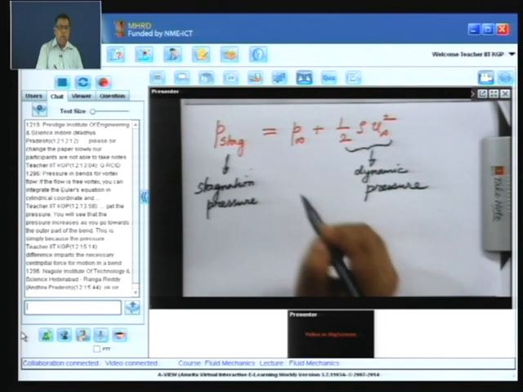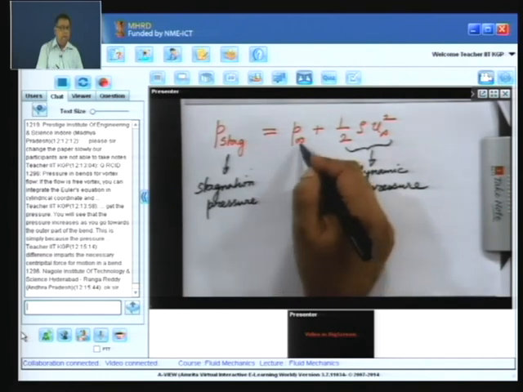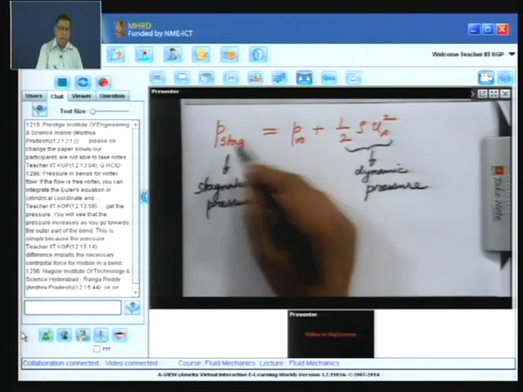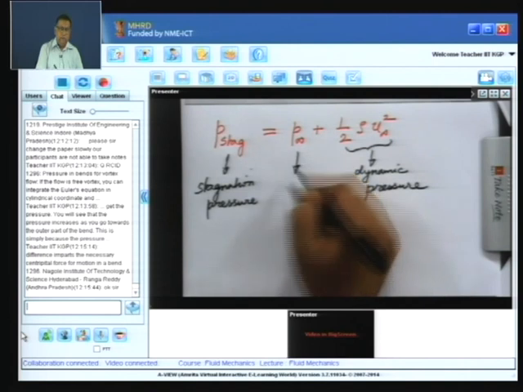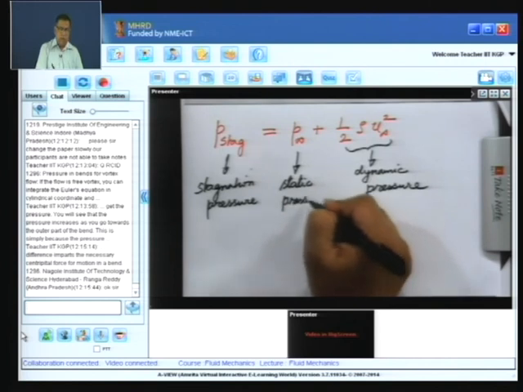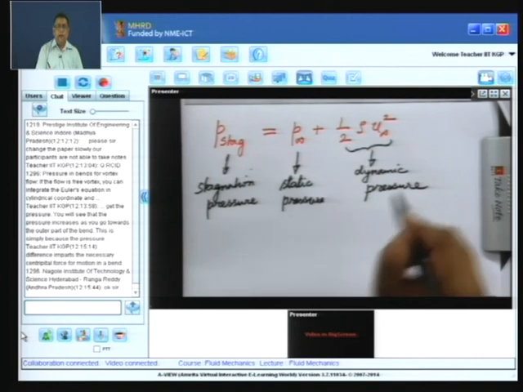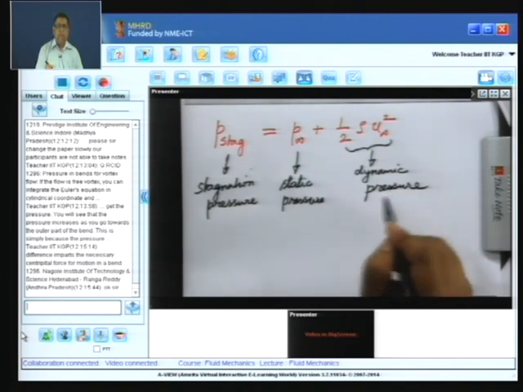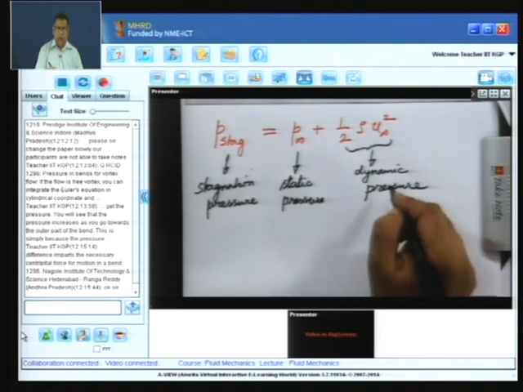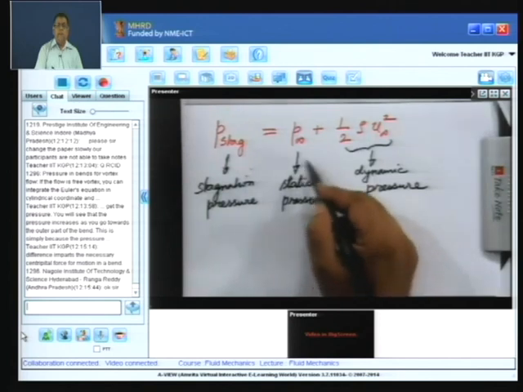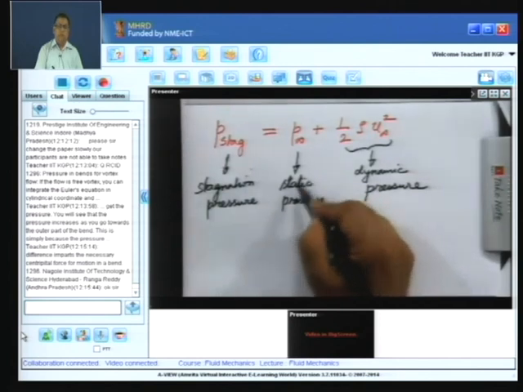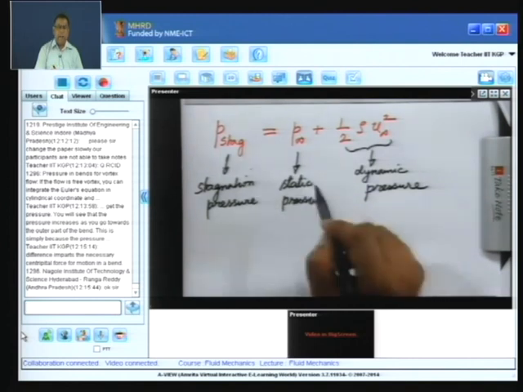Now, to distinguish this P from what we are calling stagnation pressure, we sometimes refer to this as static pressure. So, the stagnation pressure is the sum of the static pressure and the dynamic pressure for inviscid flow with constant density. And so, this static pressure is nothing but what we were earlier calling pressure P. Here, to emphasize that it is different from stagnation pressure, we have added this term static.